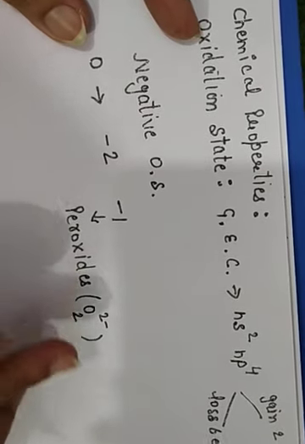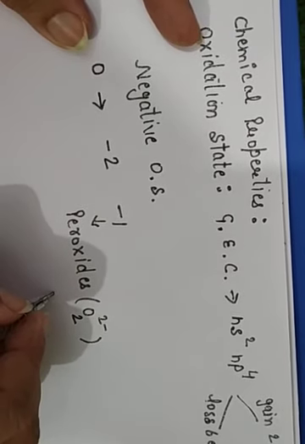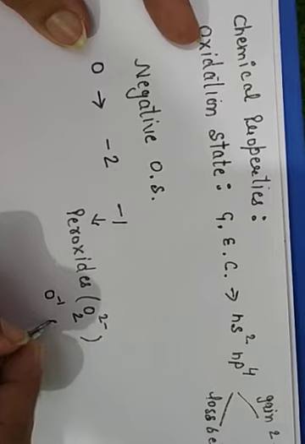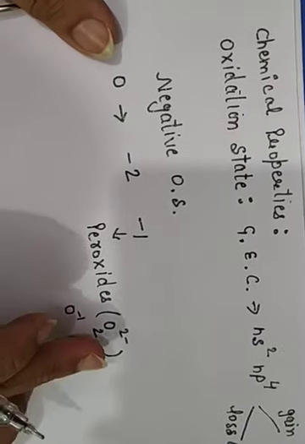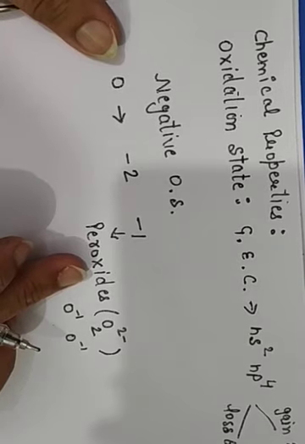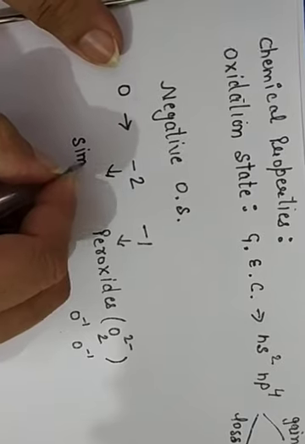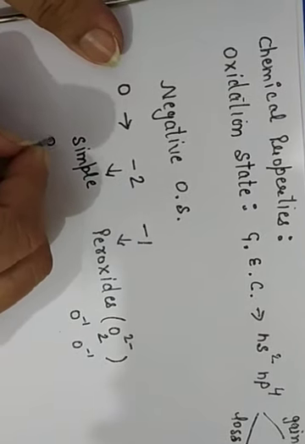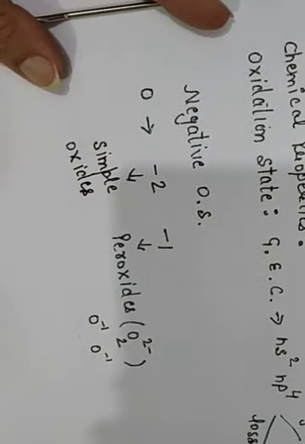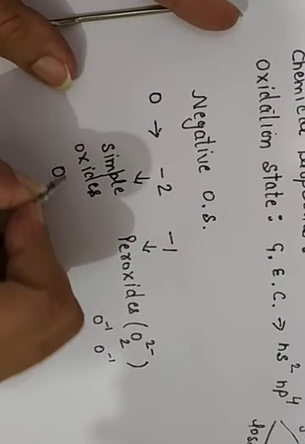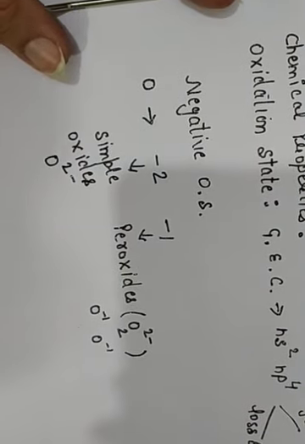So if you divide this charge between both oxygen atoms, then each oxygen carries -1 charge. This ion is called the peroxide ion, and this -2 is in simple oxides. Simple oxides, which means oxygen alone carries -2 charge, isn't it?